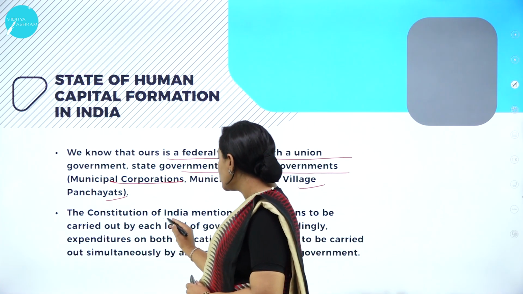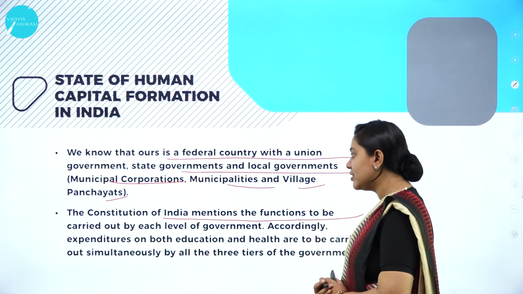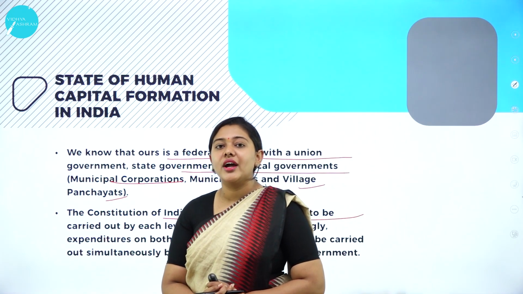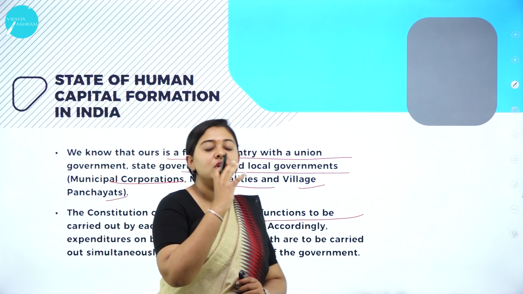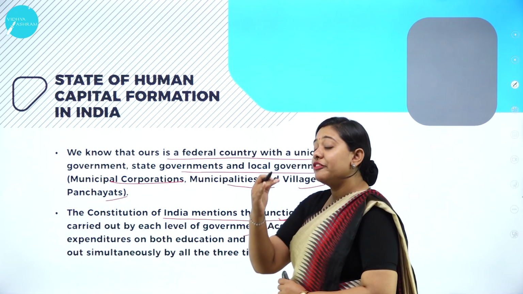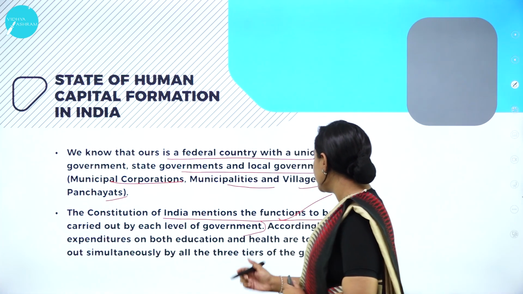The Constitution of India mentions the functions to be carried out by each level of government. The rules have been given, so each system has to function by different rules and regulations.